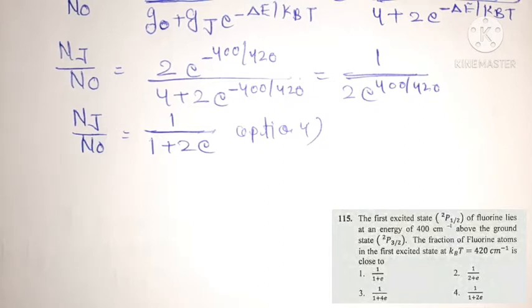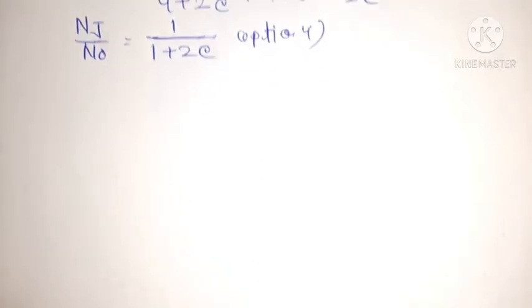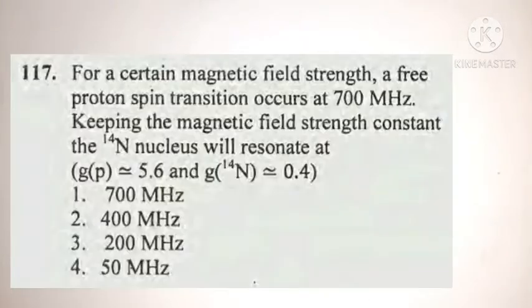So let's move towards our next question. It says, for a certain magnetic field strength, a free proton spin transition occurs at 700 megahertz. Keeping the magnetic field strength constant, the 14N nucleus will resonate at, and we have a G value of proton that is 5.6, and a G value of 14 nitrogen that is 0.4, and we have 4 options.